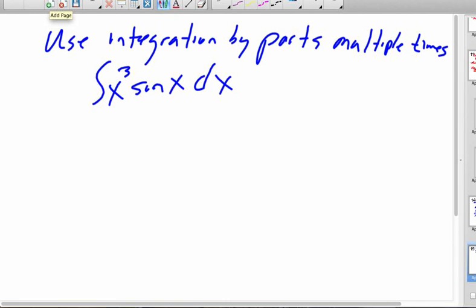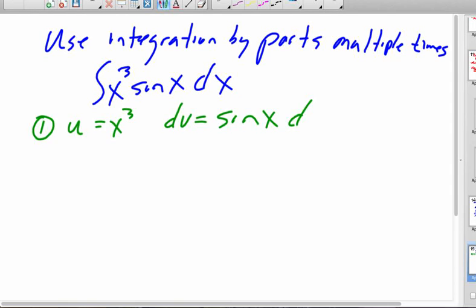Okay, again, we go back in and let's check out our options. So one option, the obvious one, is u is x cubed, and dv is sine of x dx.